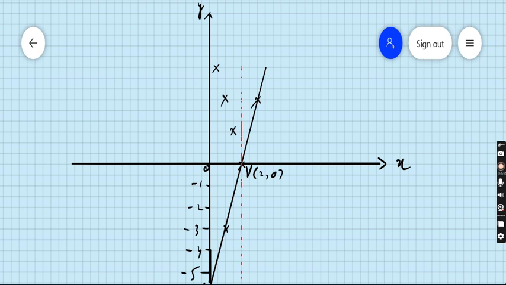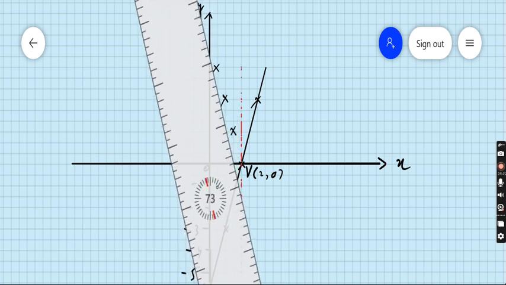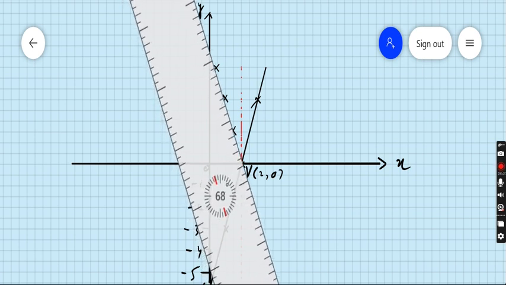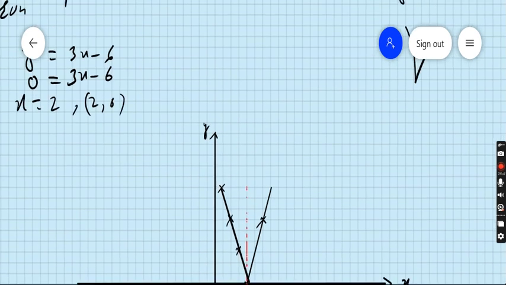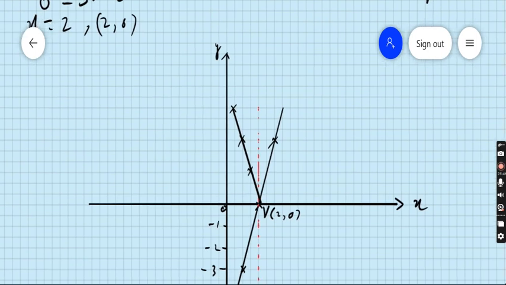Now join these 3 points with the vertex. Here we go. This is the graph of absolute valued function, which is y is equals to 3x minus 6. The black one is the graph of y is equals to 3x minus 6 absolute value.